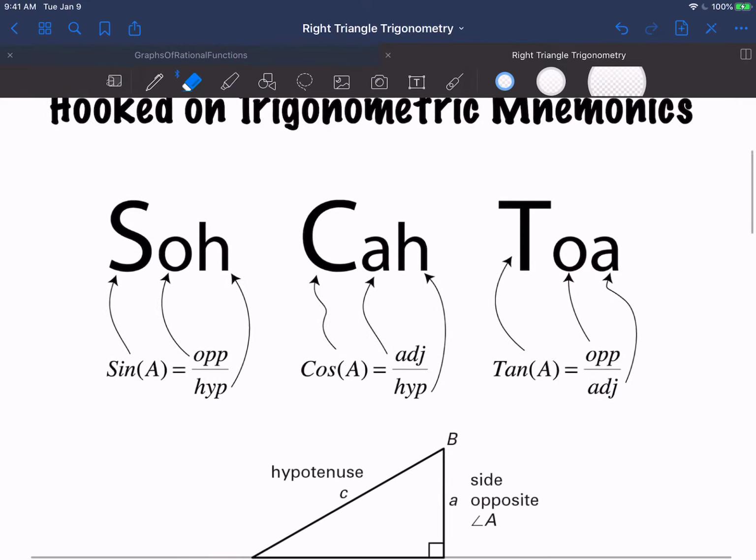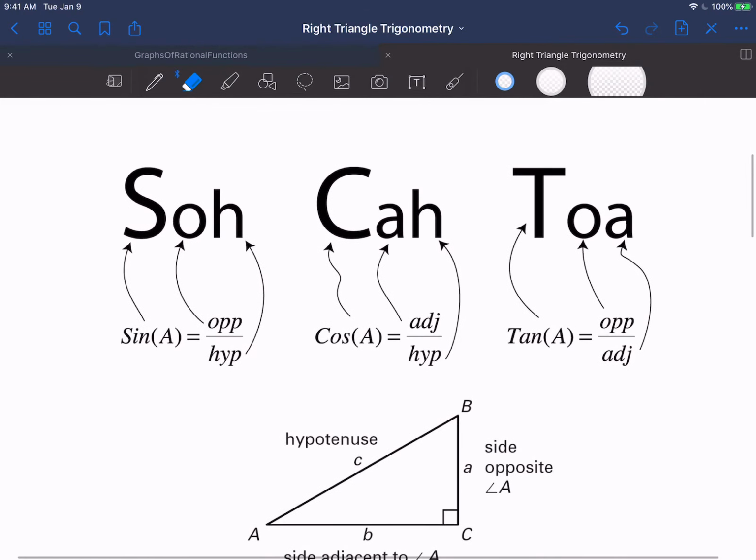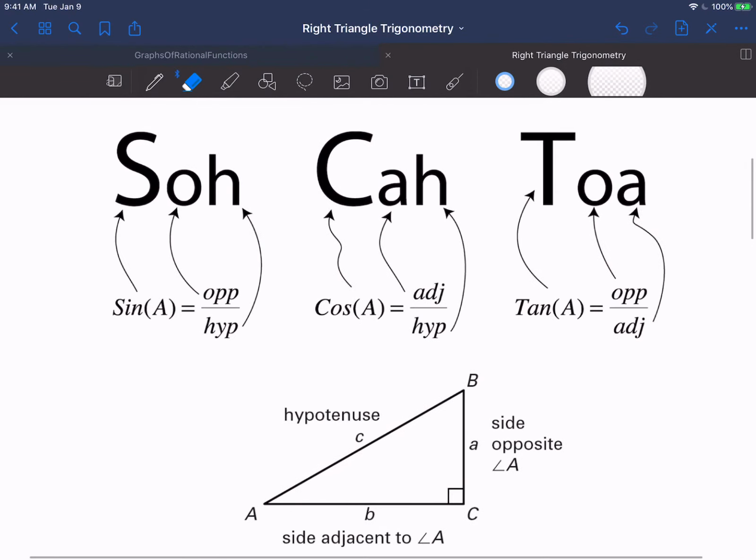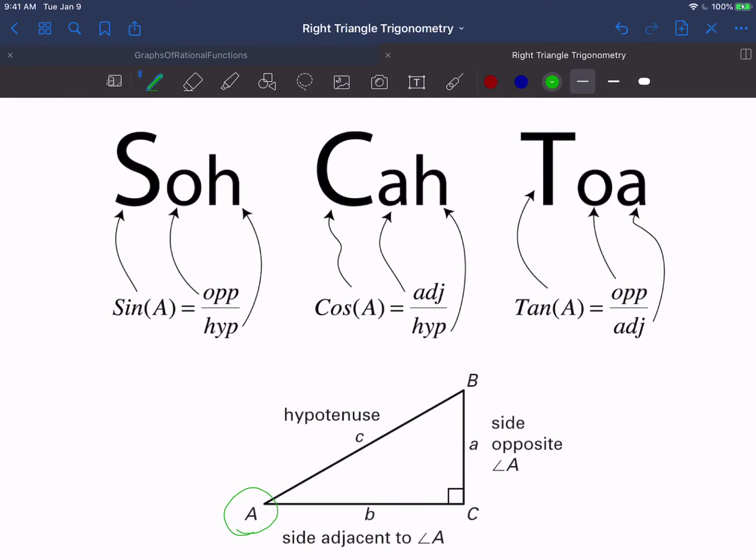So the idea behind trigonometry is that if you set up camp or you decide to choose one of the acute angles in a right triangle, right? There's two acute angles in a right triangle, right? You have the right angle and the other angles have to be acute.